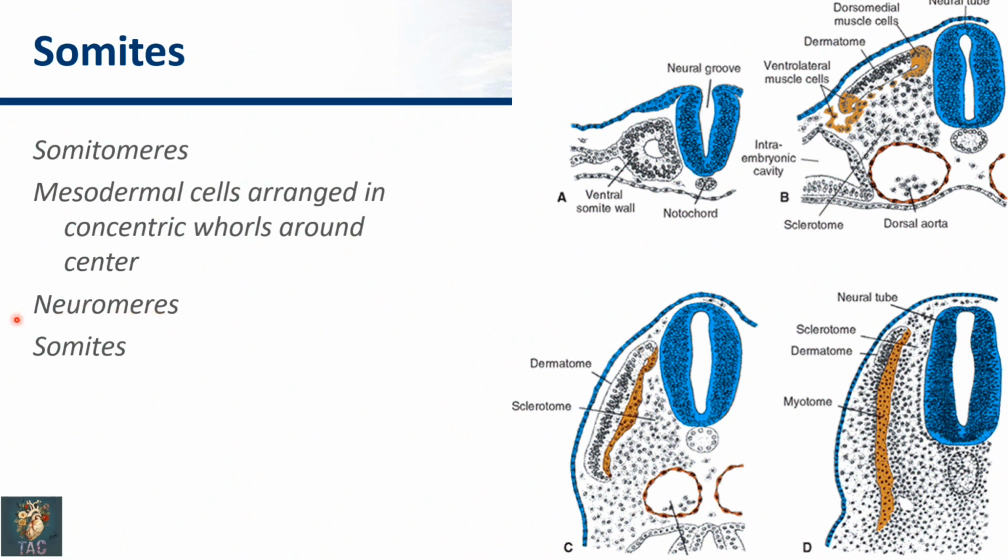They are associated with the segmentation of the neural tube, and they contribute to the mesenchyme in the head region. From the occipital region caudally, these somitomeres are called somites, and they will contribute to the formation of the body wall musculature. These somites later differentiate and form 3 distinct patterns.